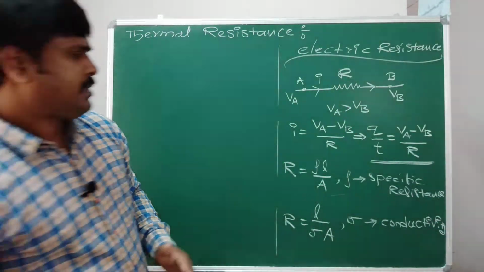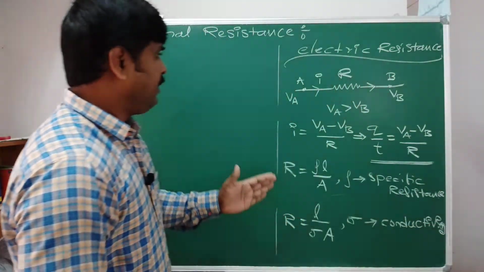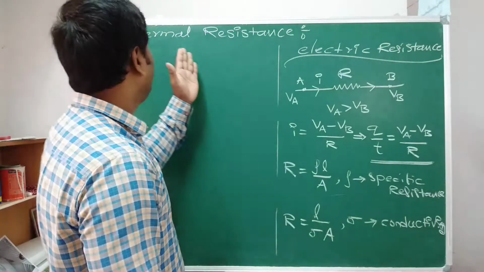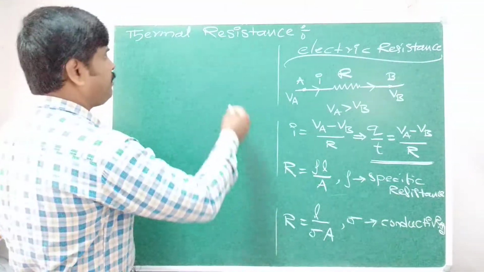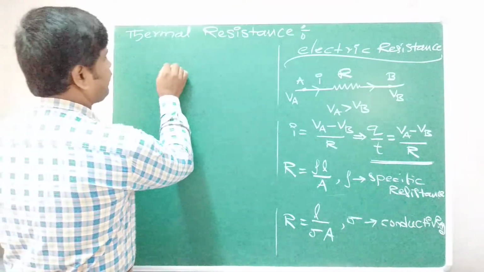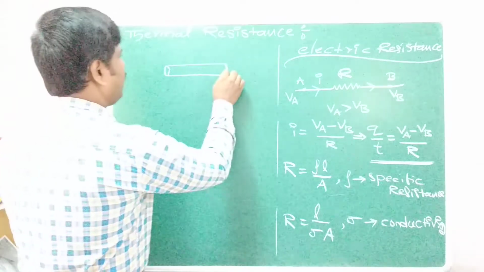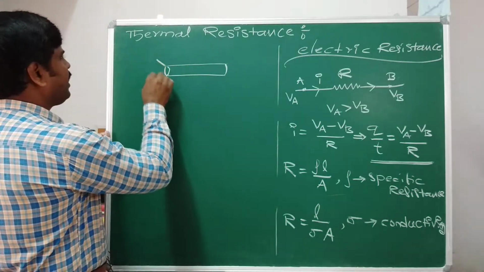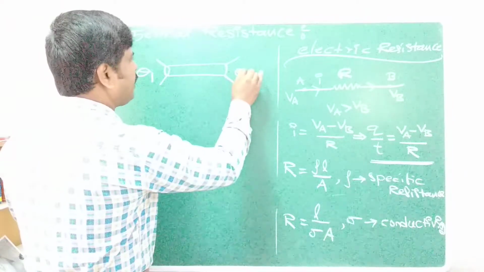Now, continuing, we can compare this concept to thermal resistance. For that I am taking this conducting substance. This is the high temperature area theta 1. This is the low temperature area theta 2.